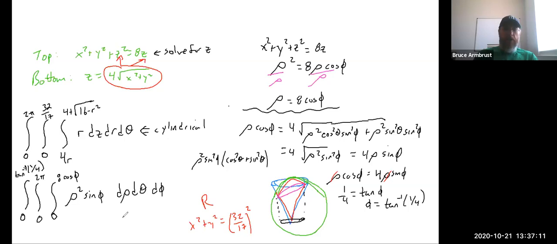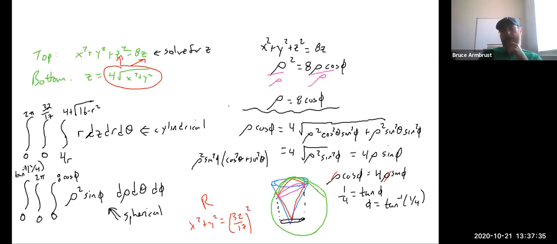All right, so this one, of course, then is in spherical. So I would argue that either one of these is going to be better than rectangular. For this one specifically, I would have just gone to cylindrical and called it good.